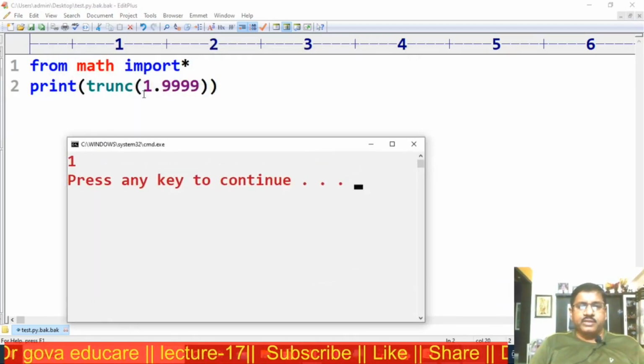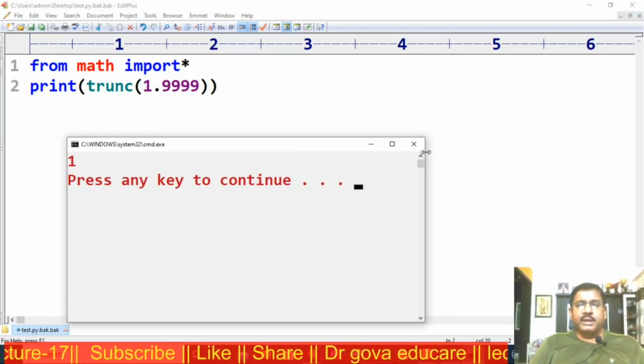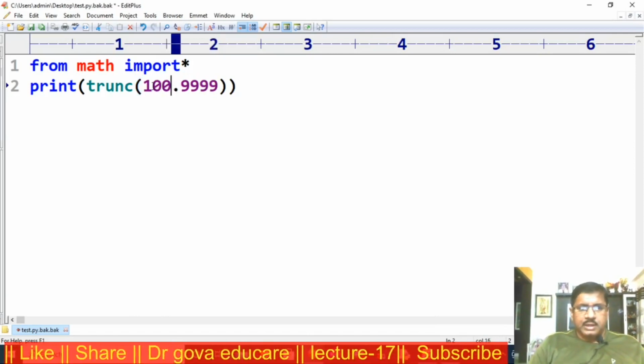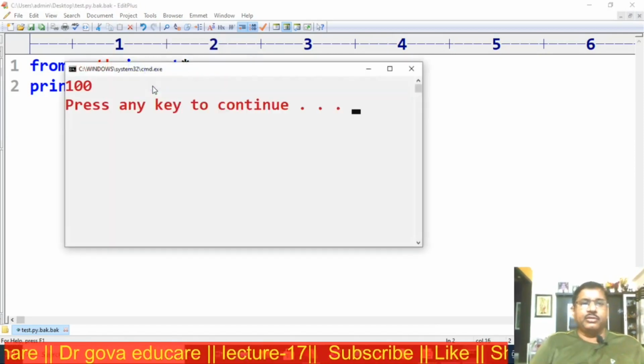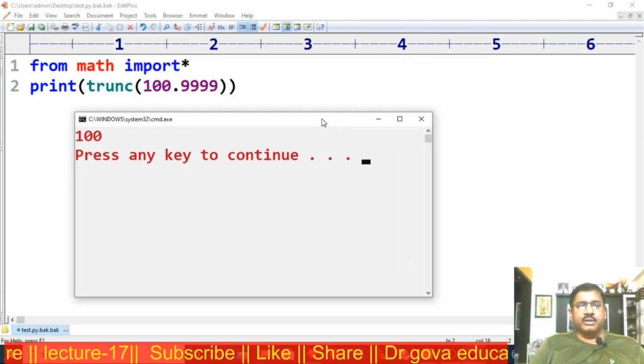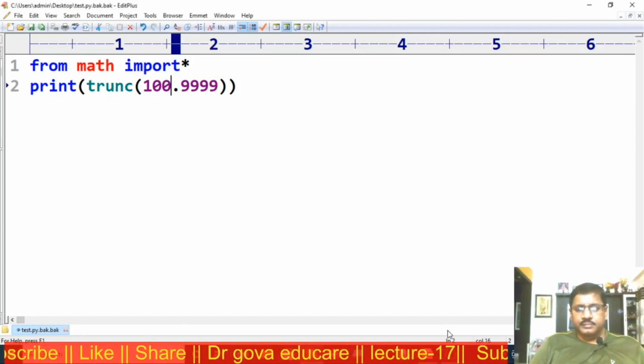Now here the fractional part will be truncated. Now the result is only the integer part. Suppose 100.999 gives 100. I don't want any fractional part, so we use the trunc function.